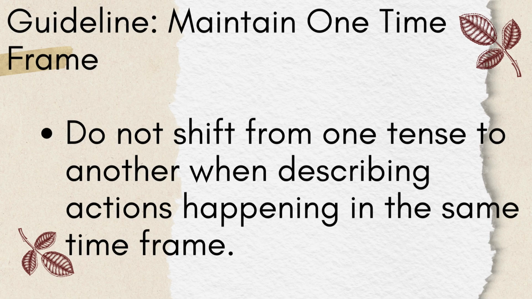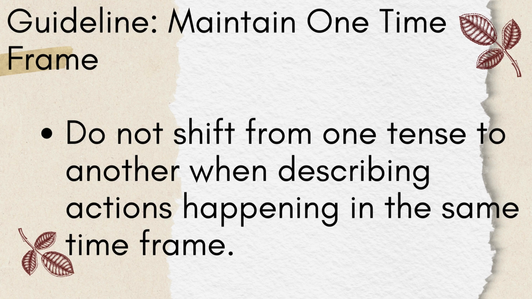The first guideline that you have to learn to identify inconsistencies in verb tenses is number one, maintain one time frame. What do we mean by one time frame? Do not shift from one tense to another when describing actions happening in the same time frame.